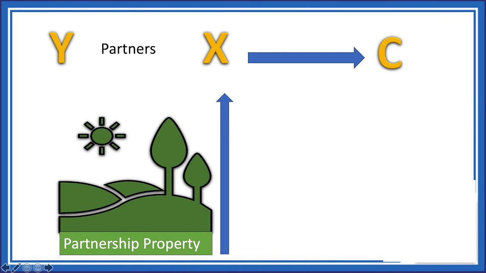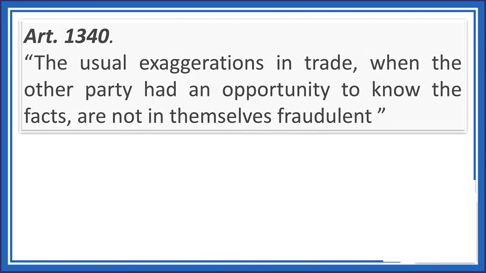So, pinilit niya yung partner niya na ibenta sa kanya yung lupa, tsaka niya binenta kay C. And, of course, at a big profit. Sabi ni Article 1339, that is fraud by concealment. And so, if merong fraud by concealment, meaning that contract is actually voidable, di ba? Vitiated consent. So, that is Article 1339. Let's proceed to Article 1340.